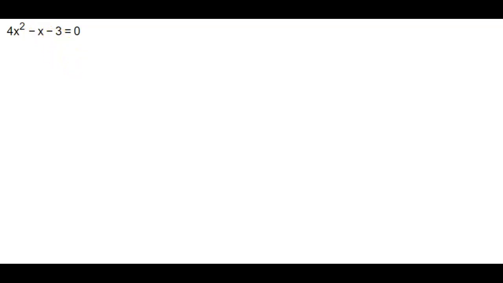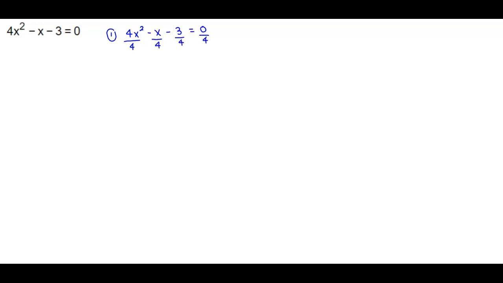So when we're completing the square for this particular question, we need to look at the leading coefficient. Okay, so let's take a look at this. We have 4x squared minus x minus 3, and that's equal to 0. The leading coefficient is a 4, and so the first thing we need to do is divide each term by 4 so that we end up with a leading coefficient of 1.